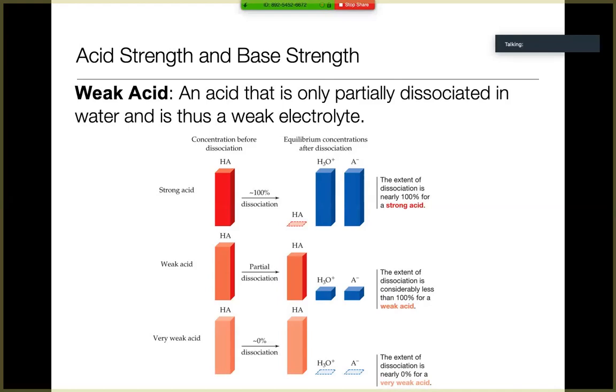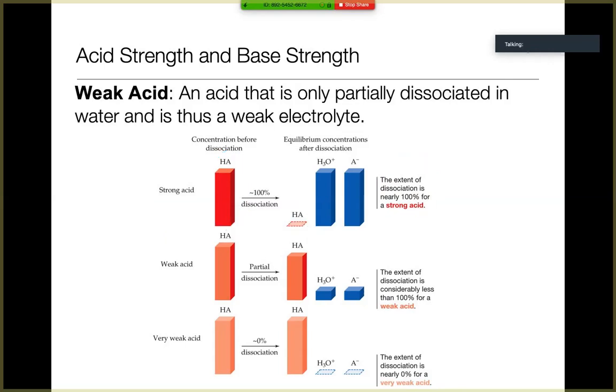And the two take-home messages about acid strength: strong acids nearly dissociate 100%. So that's what this figure here is indicating, that if I start with some protonated acid, HA, and let the reaction finish, HA is gone, and the only products I have are hydronium and the conjugate base.